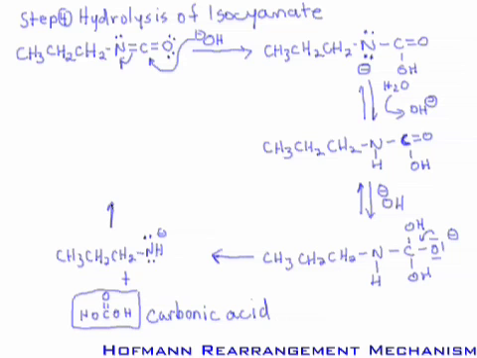So that by the time we're done, all of the base that we've used will have generated the amine, and the deprotonated carbonic acid becomes the carbonate anion, which is CO3, 2 minus.